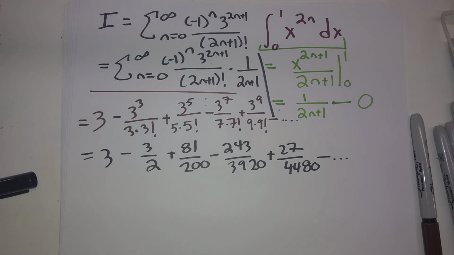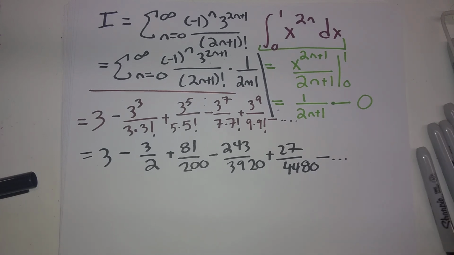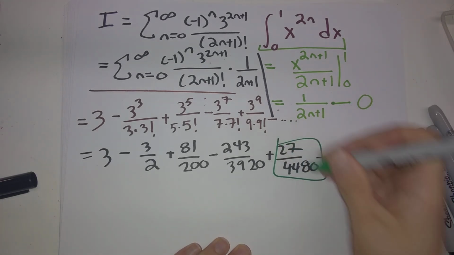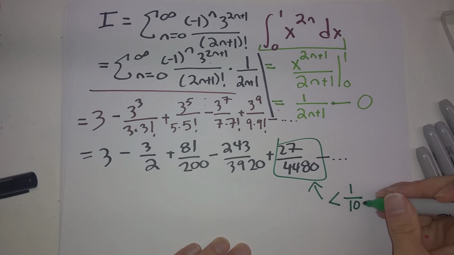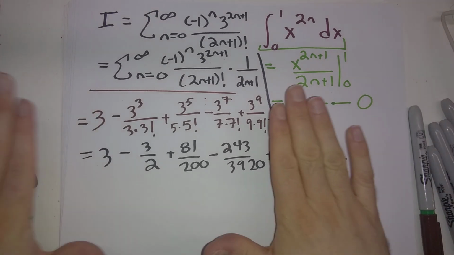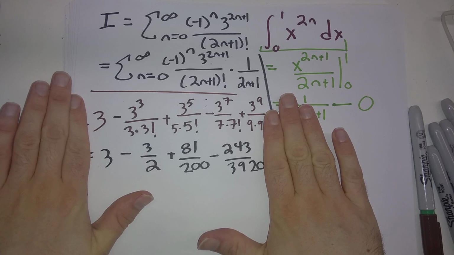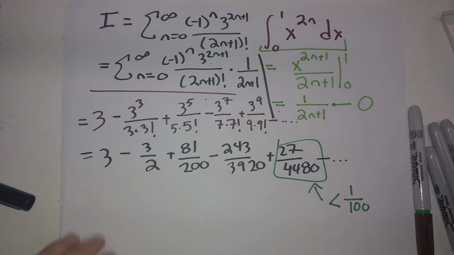We're looking for an error of less than 10 to the minus 2, less than 1 in 100. So this term here is less than 1 over 100. And so if we approximate s by the first 4 terms here, the error is less than the first omitted term, which is less than 1 over 100.